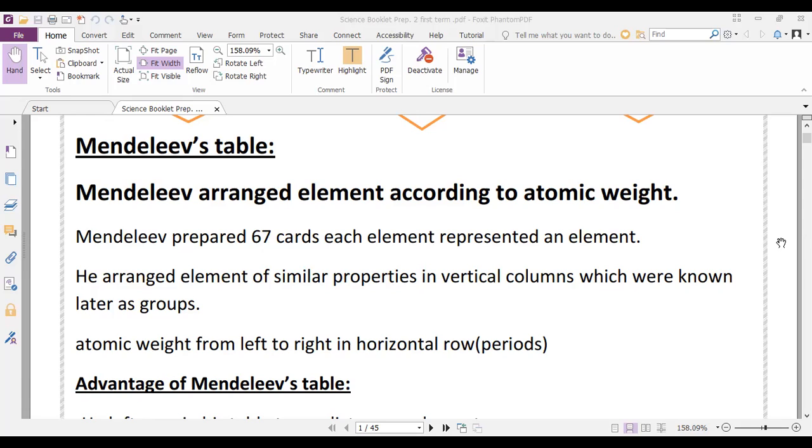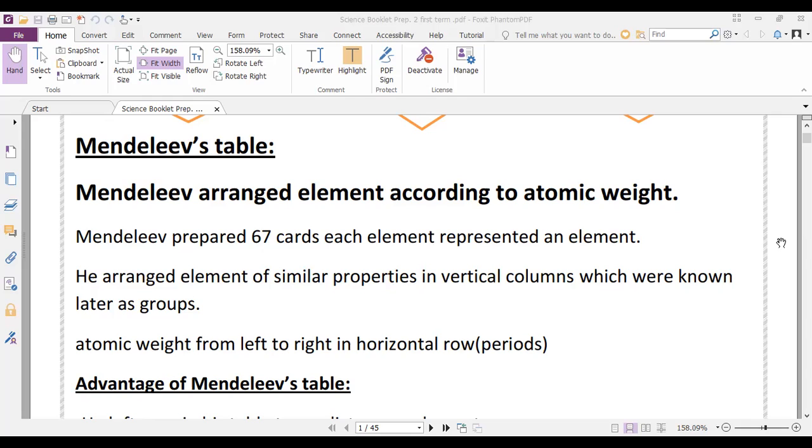He arranged elements of similar properties in vertical columns, which were known later as groups. Atomic weight from left to right is the horizontal row, called the period.